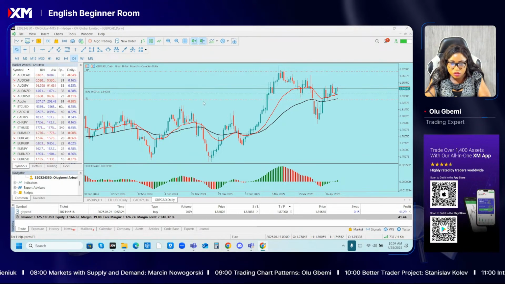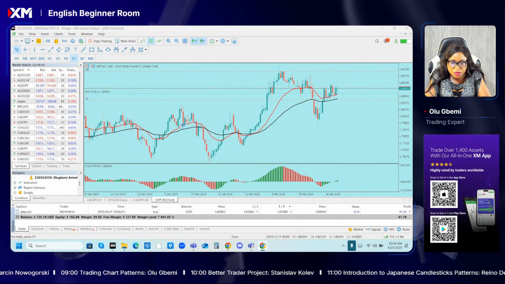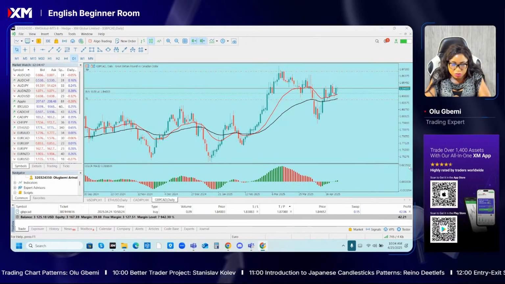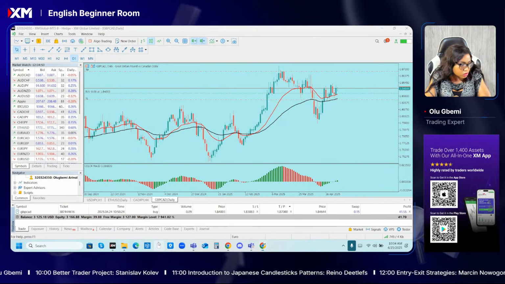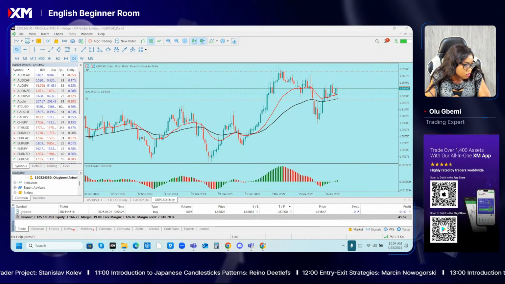And one of them is this head and shoulders pattern here. This pattern that looks like it has 3 peaks up here. So let me bring my pen tool so that you would understand what I'm talking about.